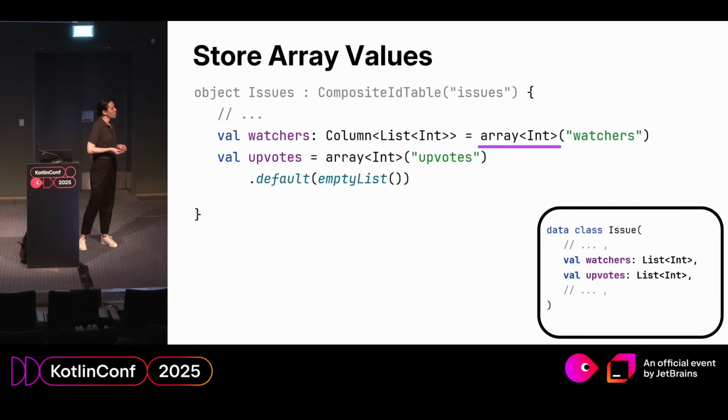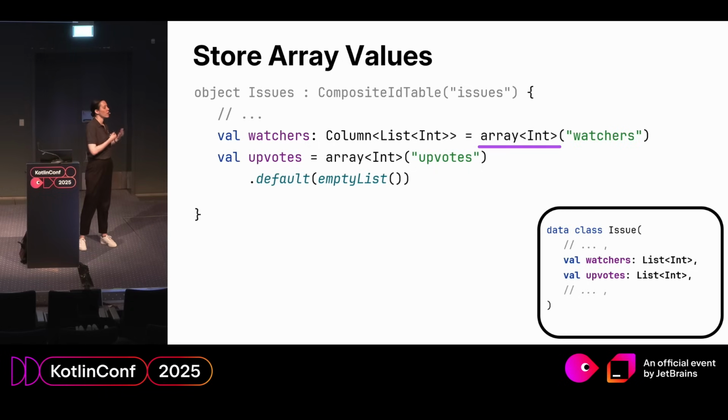It's now possible to store arrays in single dimension and multiple dimensions with Exposed. We just simply call array with the type, whether it's single or multi. For us, we're just wanting to store a single dimension, so we provide a list of integers, and we would get back a list of integers.